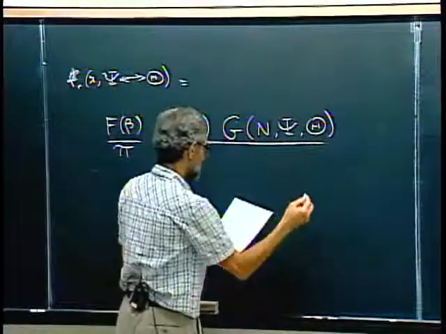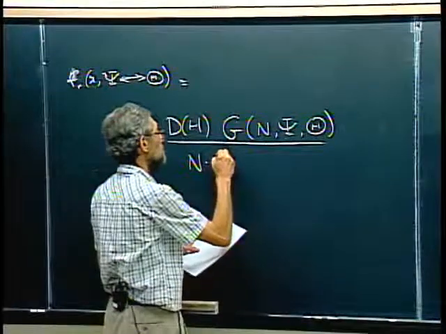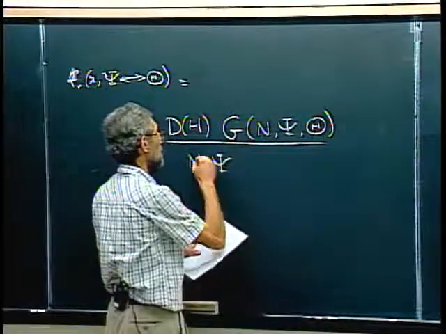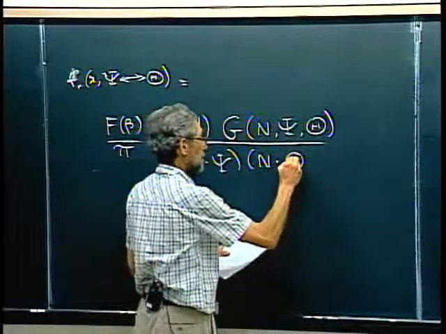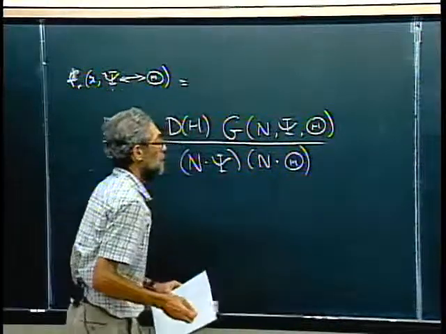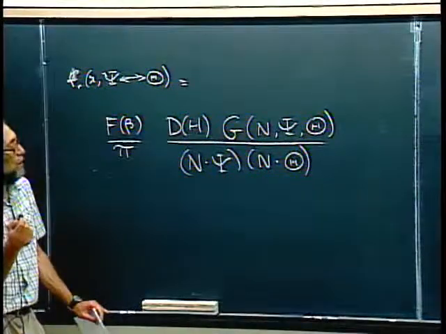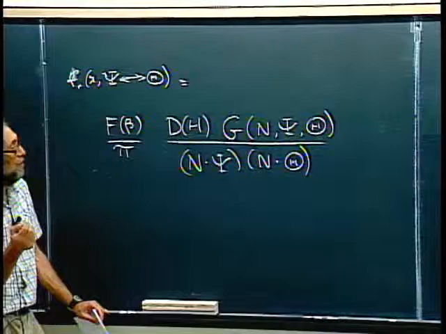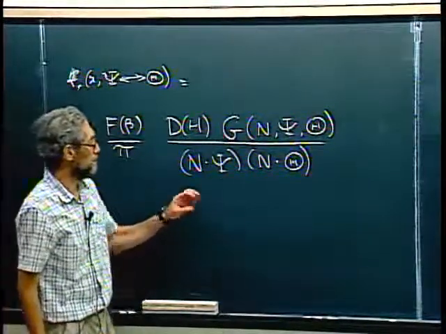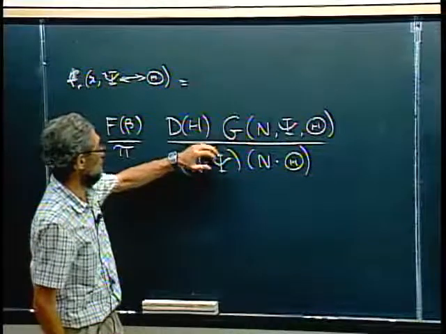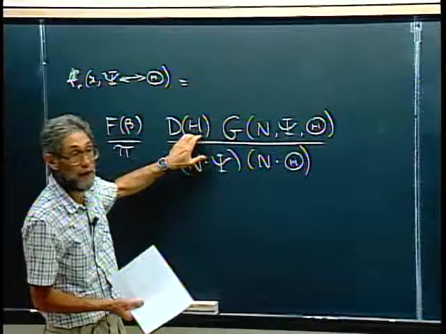And then we have some stuff in the denominator, n dot psi and n dot theta. What I want to emphasize at this point is this satisfies reciprocity also, because the geometric factor will be the same if you switch phi and psi.